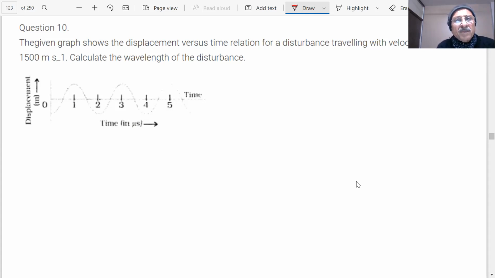What formula are we using? Displacement versus time. What is the answer? How will you do it?